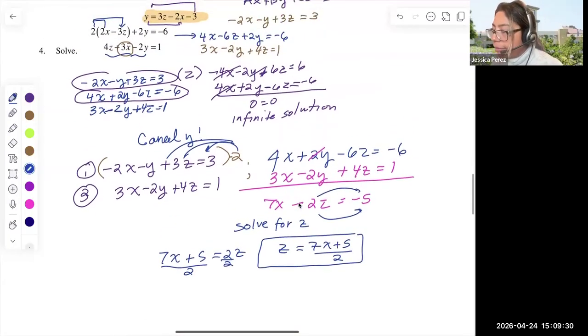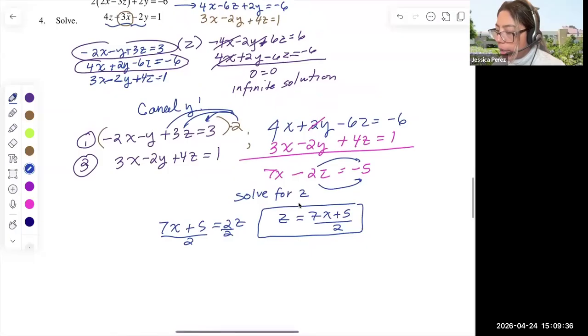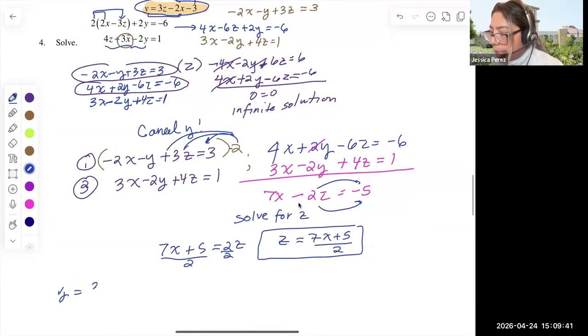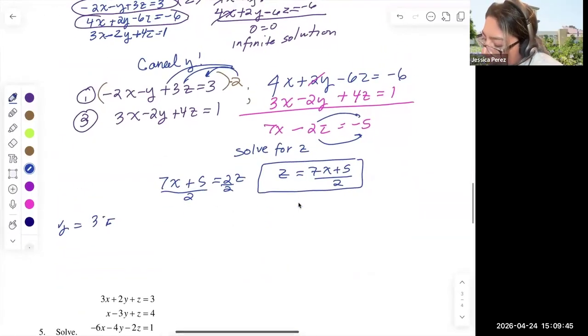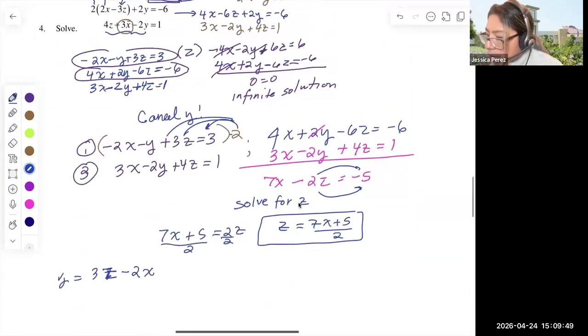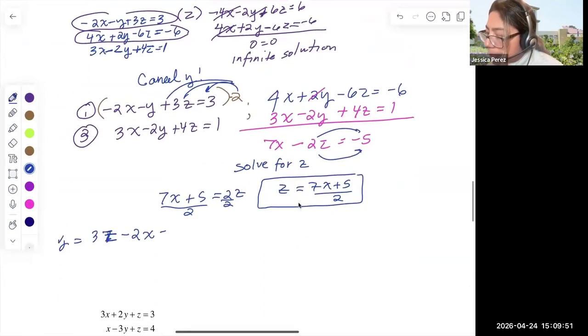Now, if I go into my y, I know that y is equal to 3z minus 2x minus 3.